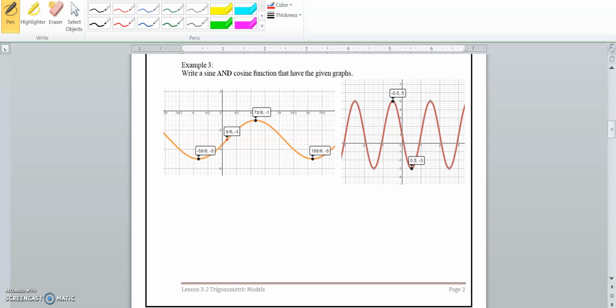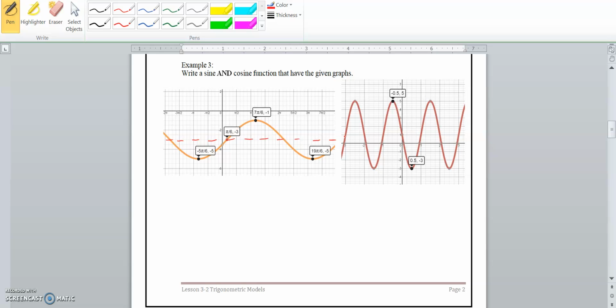When I do these types of problems, the first thing I like to do is go through the middle here and draw my median. It gives us a point to reference for both the amplitude and the vertical shift.